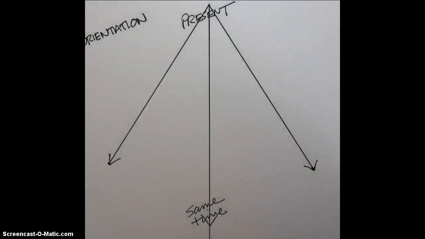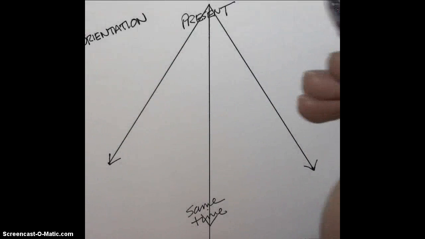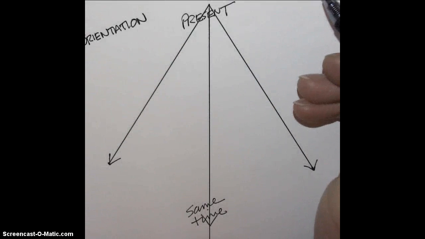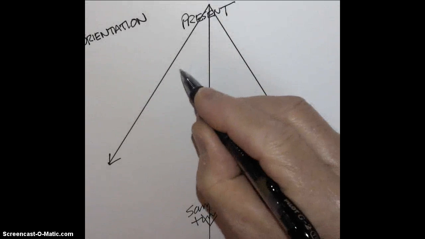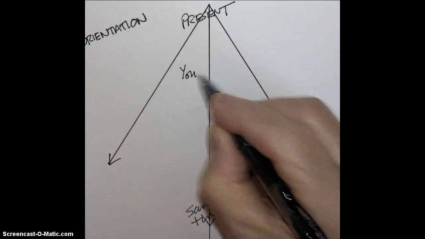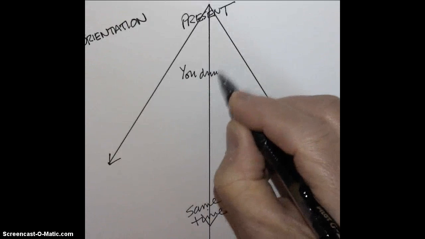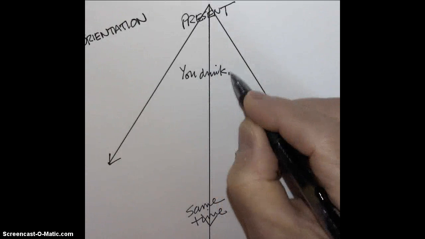Or we can think about, well, let's talk about same time first. So let's say I'm talking about every day. It's present, same time. And so I say every day, for example, you drink 2 cups of coffee.